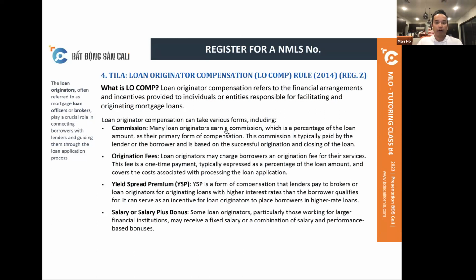So that's why compensation and commission is part of your job. You've got to close the loan to get the commission, and the commission is paid by the lender, or sometimes paid by the borrower. Okay, and it's based on the successful closing of a loan, or origination and closing of the loan.